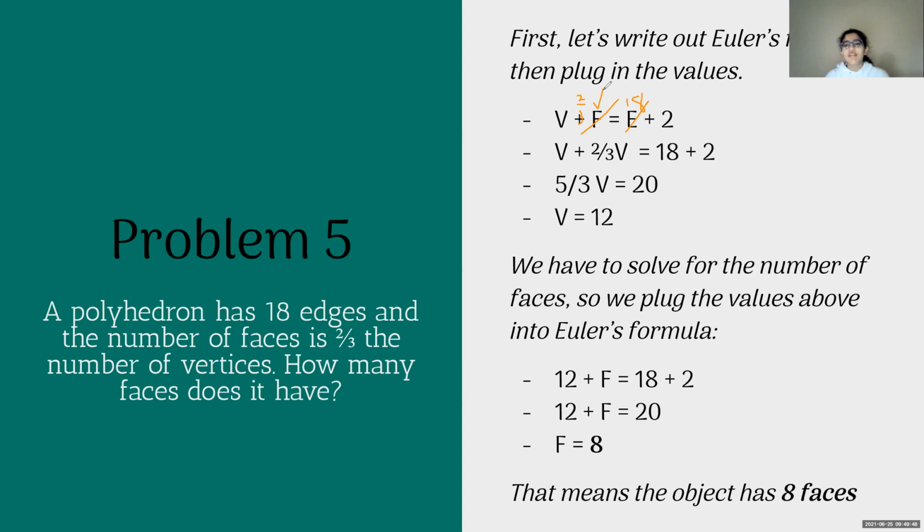Again, say if you have no questions. Euler's formula basically just relates the edges, the number of faces, and the number of vertices together. And it's actually really hard to get. I don't know what you mean by what does it do, but it basically just says that the vertices plus the faces is equal to the edges plus 2.